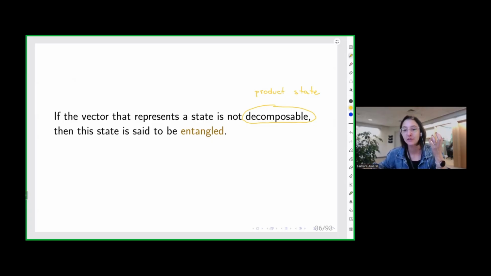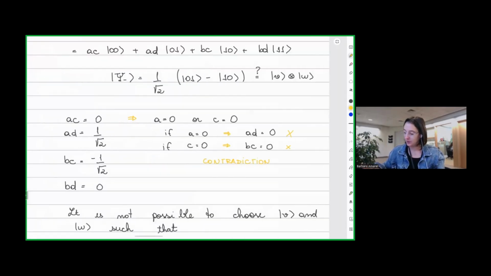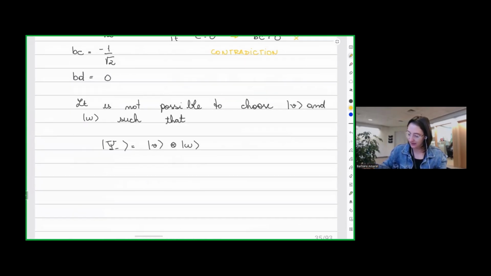So this is the mathematical definition of entanglement: that the vector is not decomposable. So this means that this psi minus is one of the most important ones. These guys are going to appear everywhere during our course. Okay.